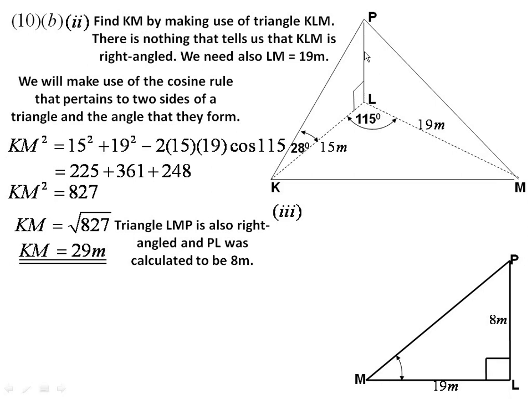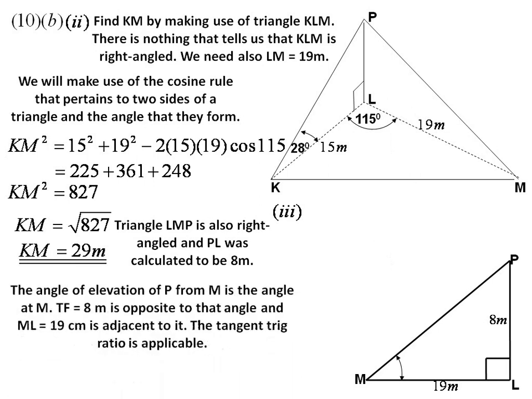Horizontal meets vertical at 90 degrees, so this triangle is also right angled, and we need to determine the angle of elevation of P from M.